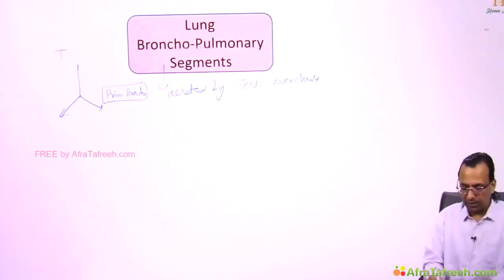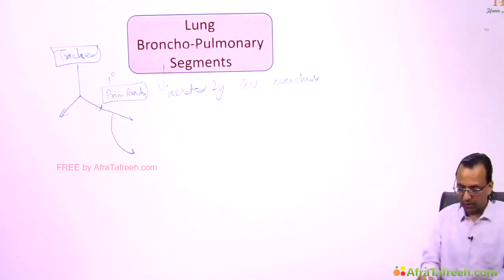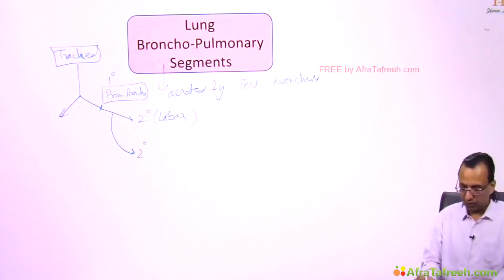So trachea is dividing into 1 degree bronchus, the principal bronchus, and then the principal bronchus itself will divide into 2nd degree bronchus, which are also called lobar bronchus because they are going into the upper lobe and the lower lobe of the lung.